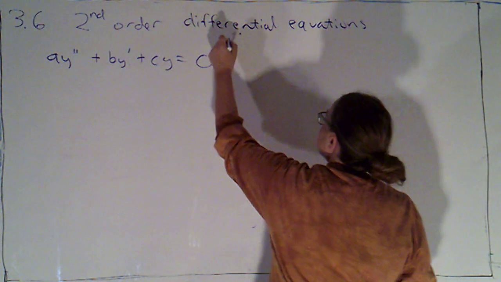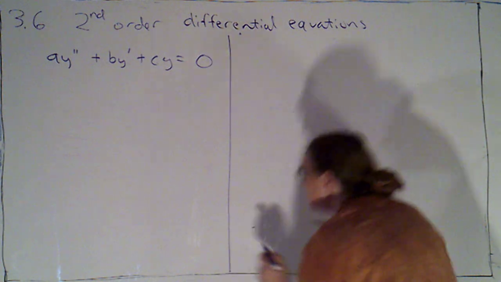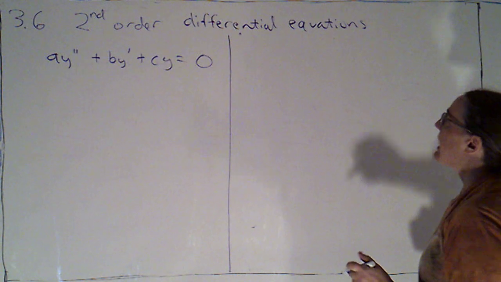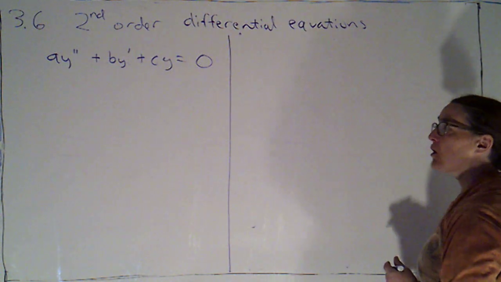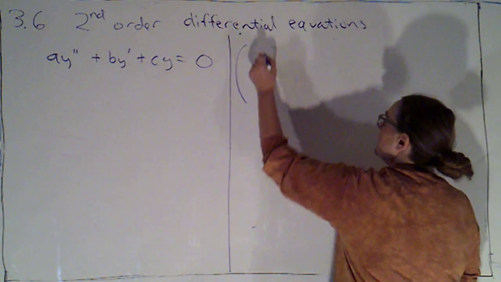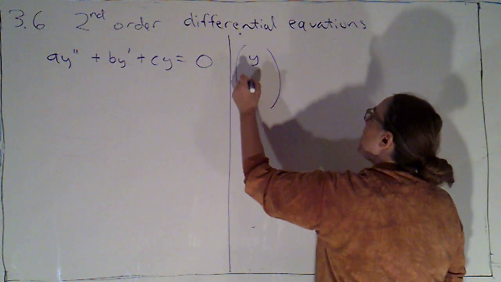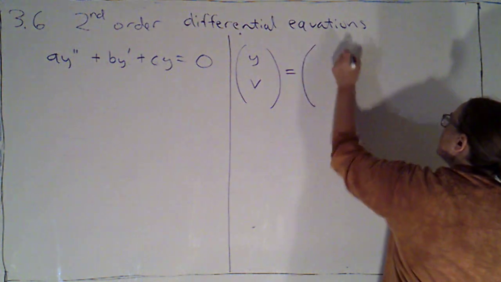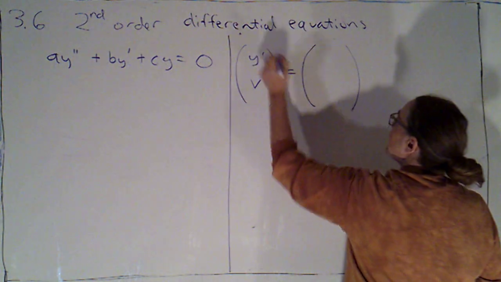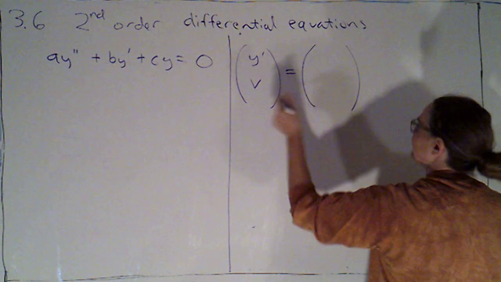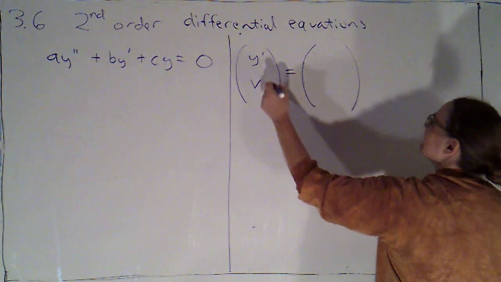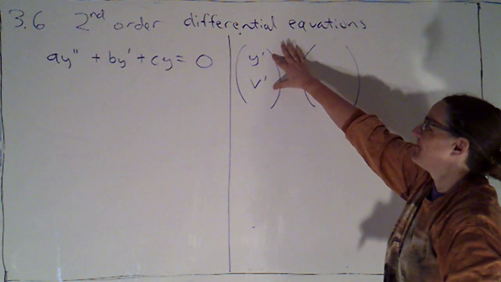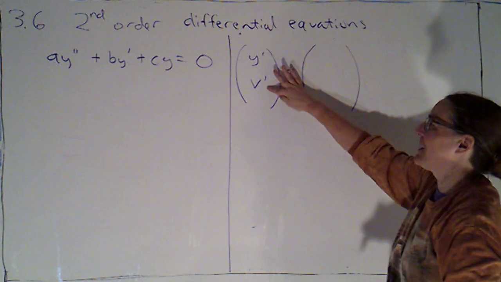So I'm going to just divide my board here into two pieces, and we said we could create a corresponding system because we could work with Y and V, where what we do is we say that Y prime, if we're creating a system where we've got the derivative vector here, so it should have been Y prime, V prime.